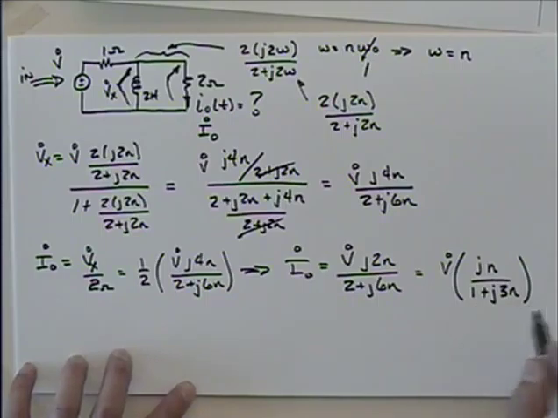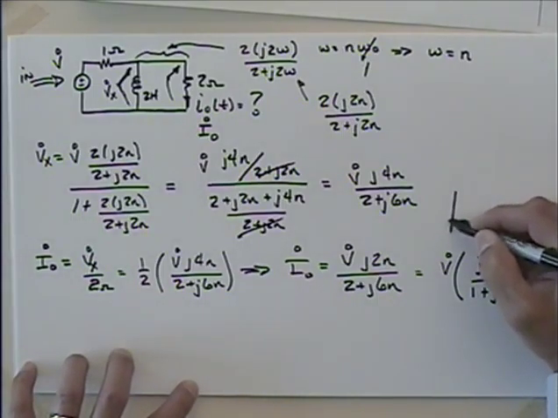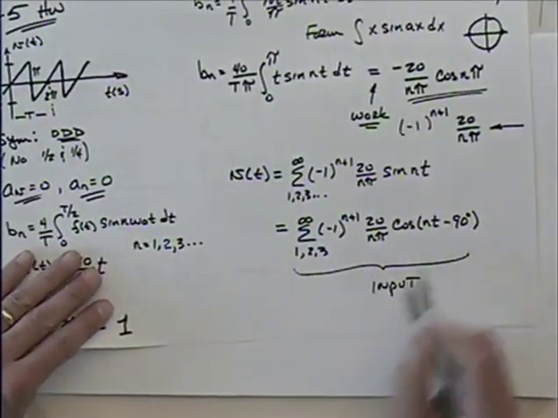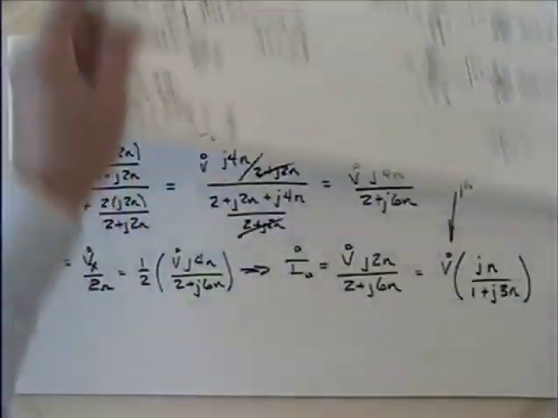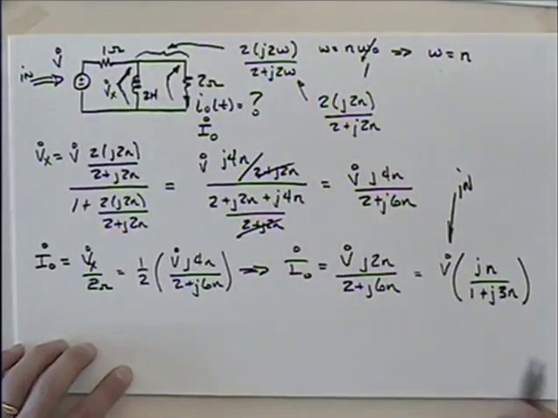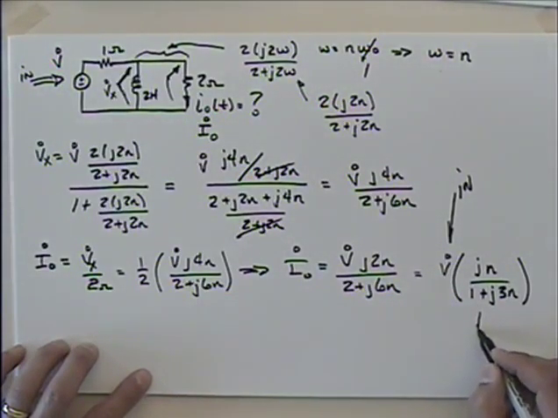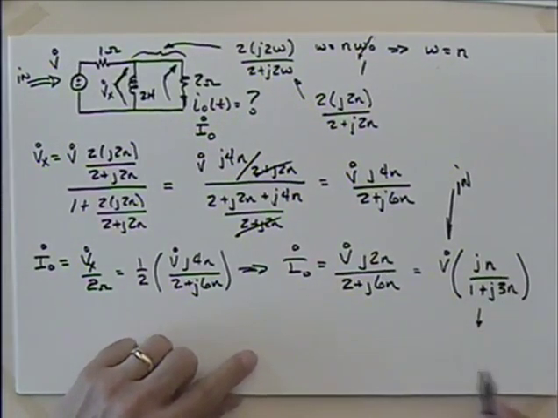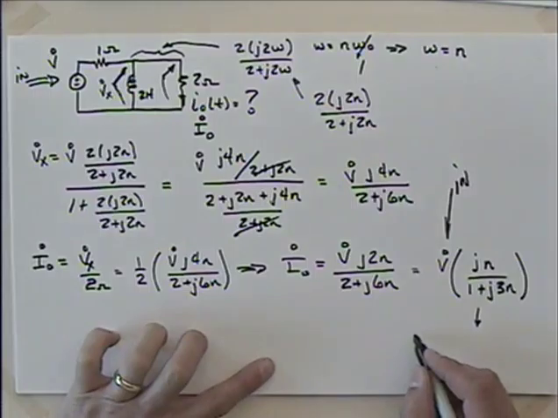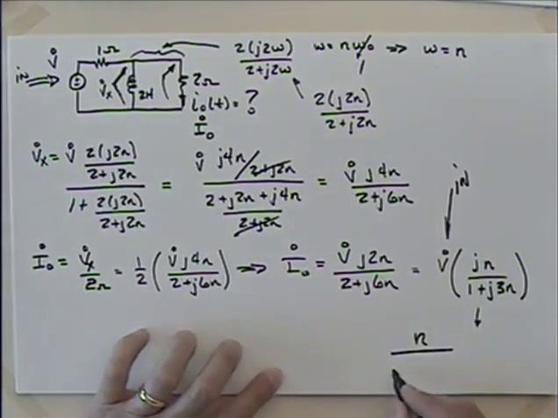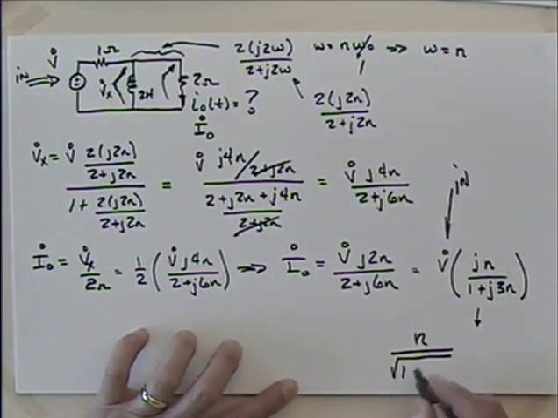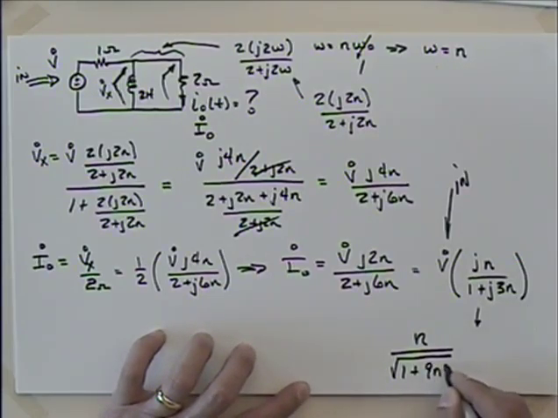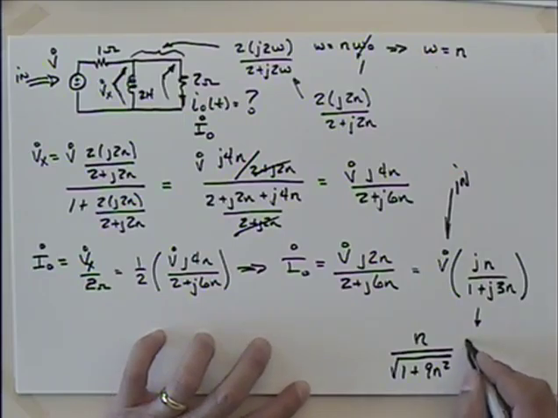So I think what I'll do, this is where we put our input. That was back on this page here, so we're going to take that and put it into there. So maybe I'll write this piece in magnitude angle form. What's that going to look like? What's the magnitude of the numerator? Should be n, shouldn't it? Divided by the magnitude of the denominator, 1 squared plus 3 squared n squared. So I'll just say 9n squared. And it's going to have an angle of what?